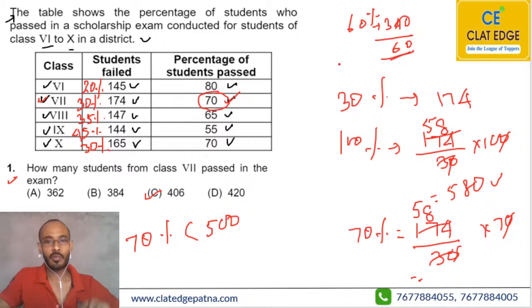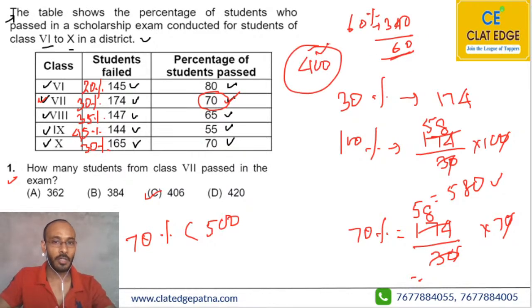So the answer will be somewhere close to 400. If the answer is close to 400, we can say the answer is 406. It cannot be 362, it cannot be 384, it cannot be 420. That's how we can solve the coming questions too. How you can solve questions in an easier way, I'm going to tell you here.